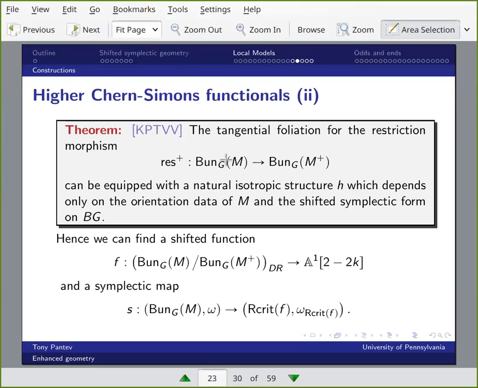So you can quotient by that foliation, and you get some formal stack, which is a quotient of your stack of local systems. On that stack, you get a 2 minus 2k shifted function. And the map from the stack of local systems to that critical locus is a symplectic map.